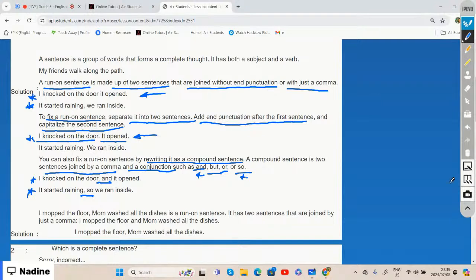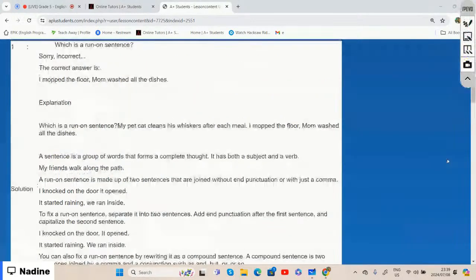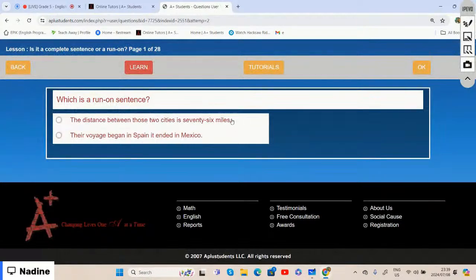All right, so now we're going on to our test, right? Let's go on to our test where we're going to say, is it a complete sentence or a run-on? It says, which is a run-on sentence?